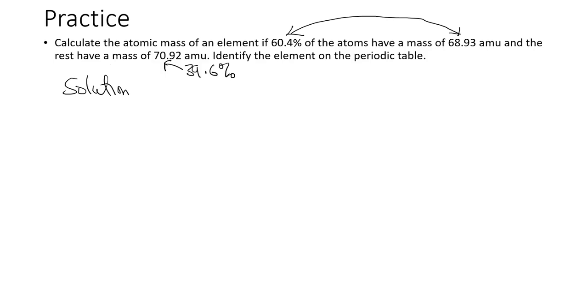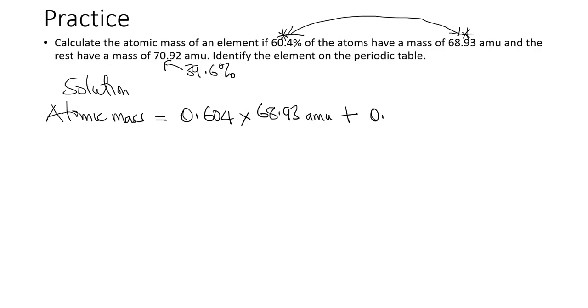So I'll say the atomic mass of this atom is 0.604, that is the ratio from here, times this mass, 68.93 atomic mass unit, plus 0.396, the ratio from here, times this mass, 70.92 atomic mass unit, which gives us 69.7 atomic mass unit.